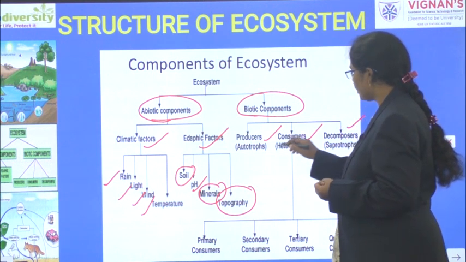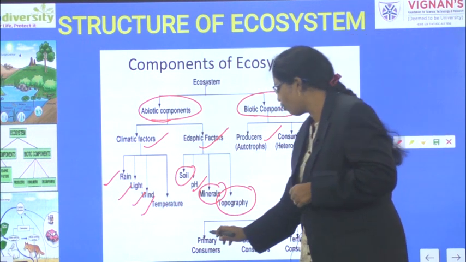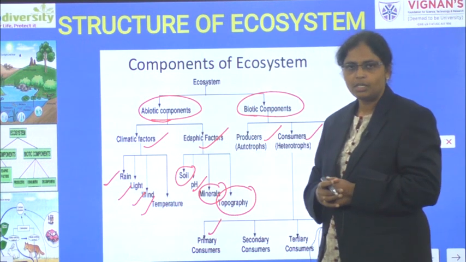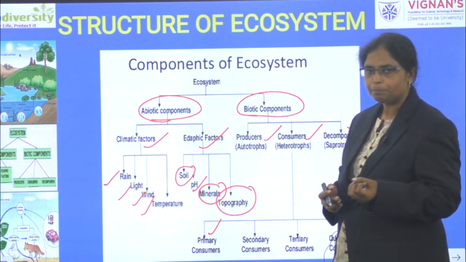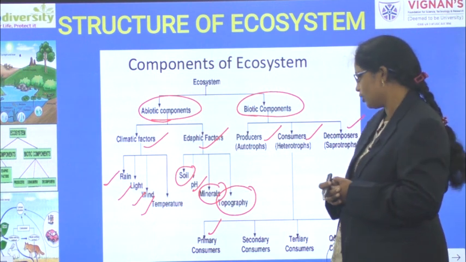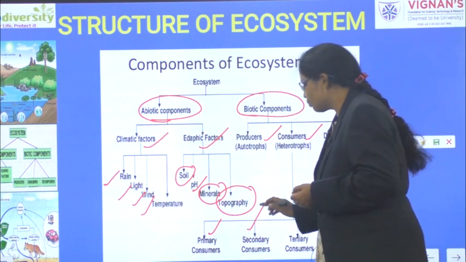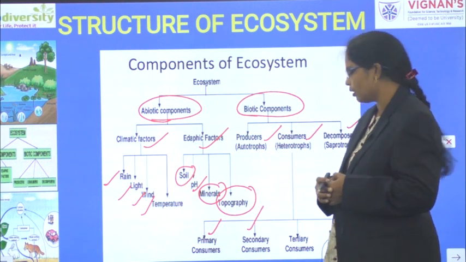And in these three categories, again the consumers are classified into four categories. Primary consumers, that means small animals that depend on the producers. Those are called primary consumers. And secondary consumers depend on the primary consumers.